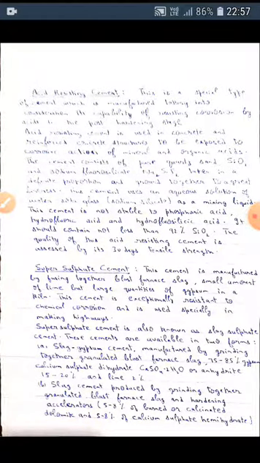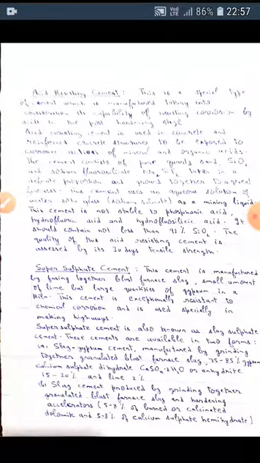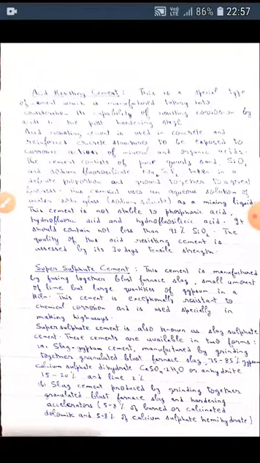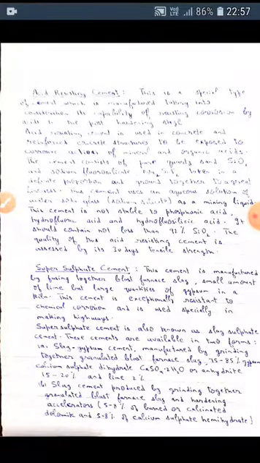These cements are available in two forms. The first form is known as slag gypsum cement, and it is manufactured by grinding together granulated blast furnace slag 75 to 85%, gypsum, that is calcium sulfate dihydrate CaSO4·2H2O, or anhydrite 15 to 20%, and Portland cement clinker up to 5%, or we can also use lime, that is calcium oxide, up to 2%.